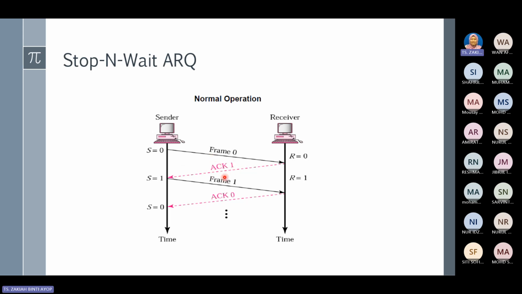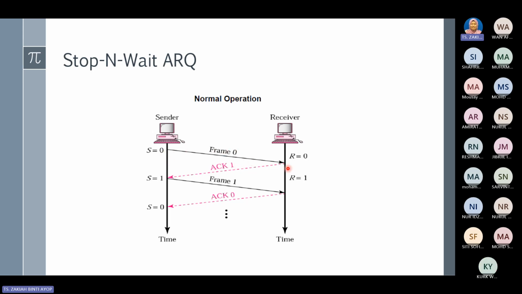So when it receives acknowledgement 1, ACK1, it means that the previous frame, which is frame 0, has been successfully received. When it says 1, it tells the sender the previous one has been received and now I expect you to send me the next one.